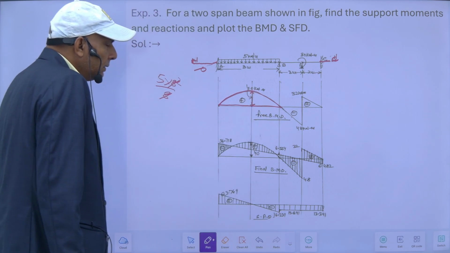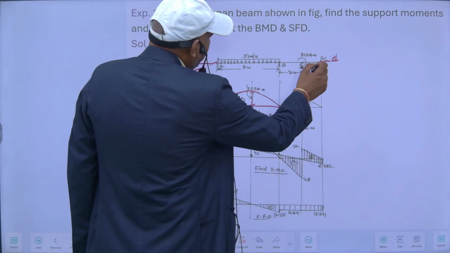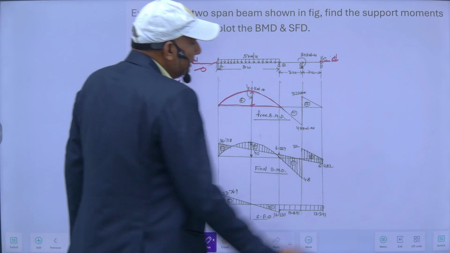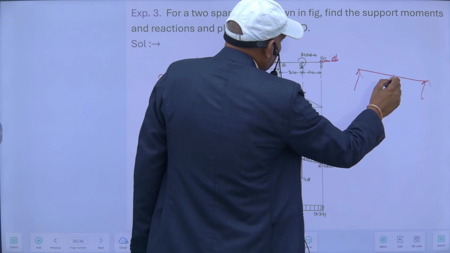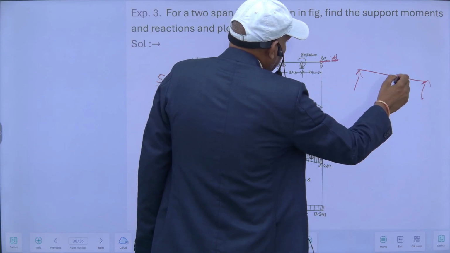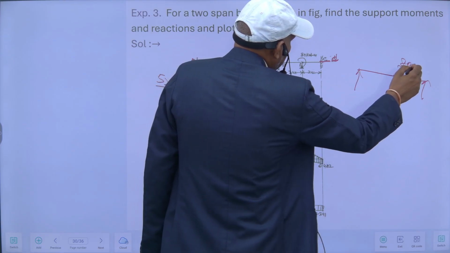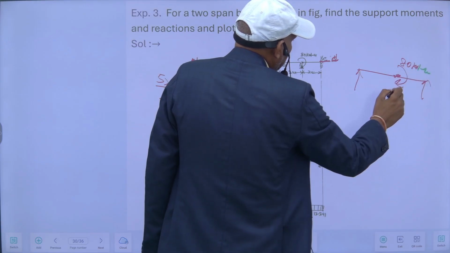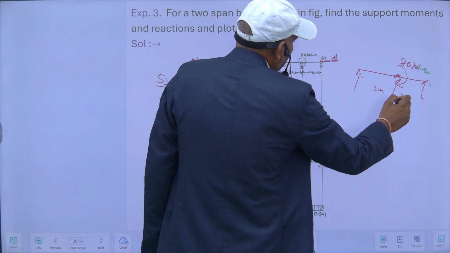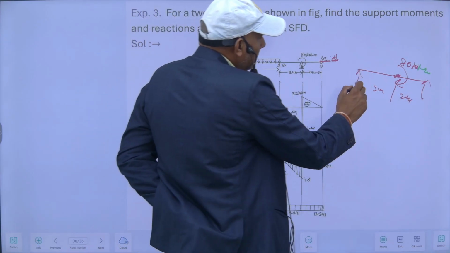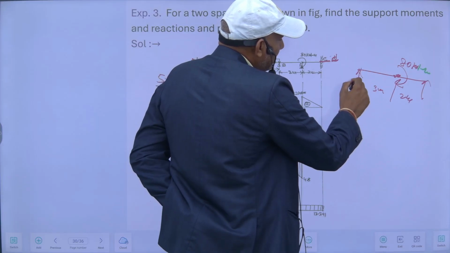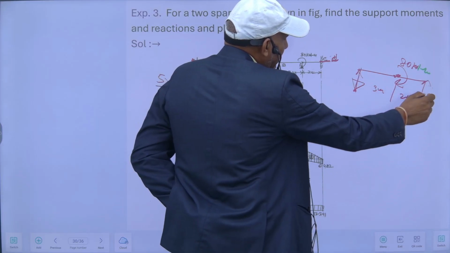And for drawing the free BMD of this portion, this is the simply supported beam, and there is a couple acting at this point, 80 kilonewton meter, 3 meter on this side and 2 meter on this. So obviously my reaction will be downward by taking moment at this.